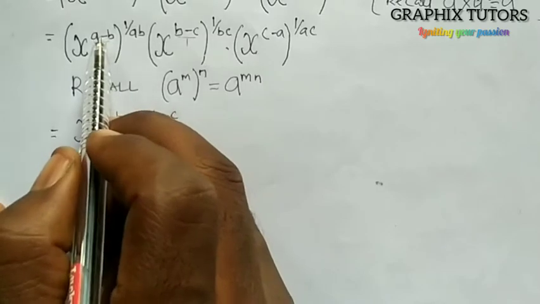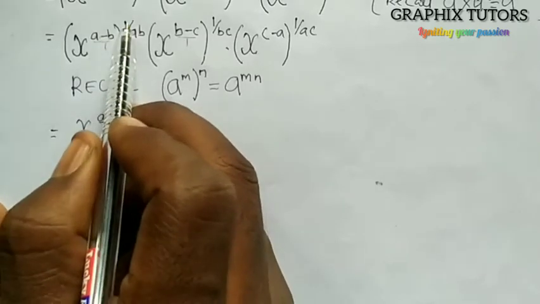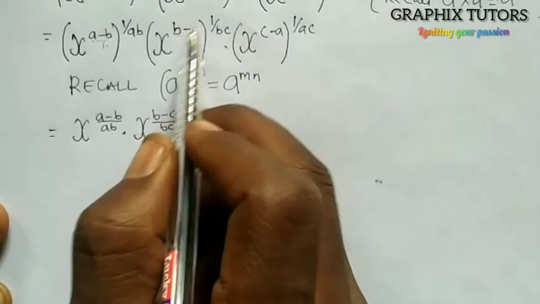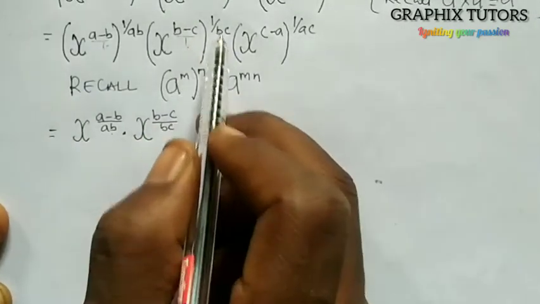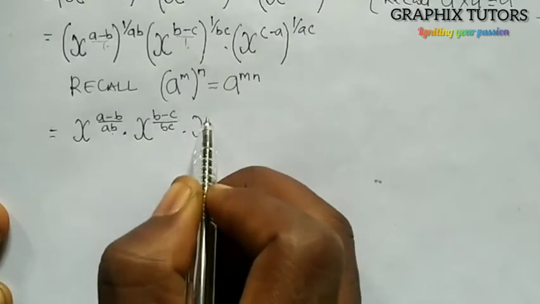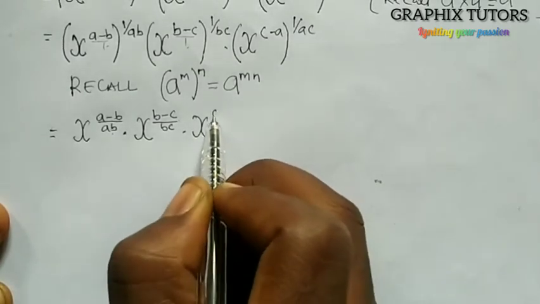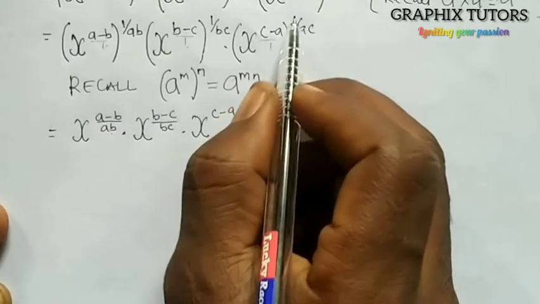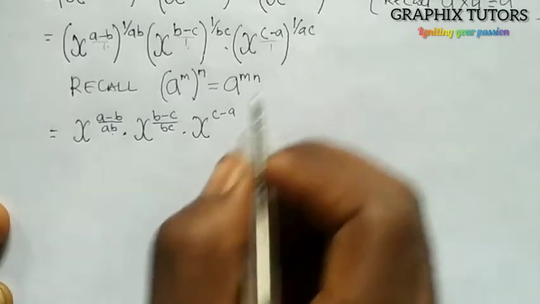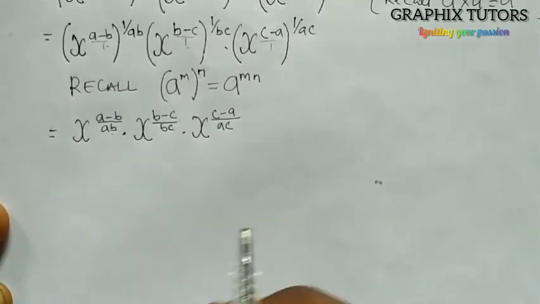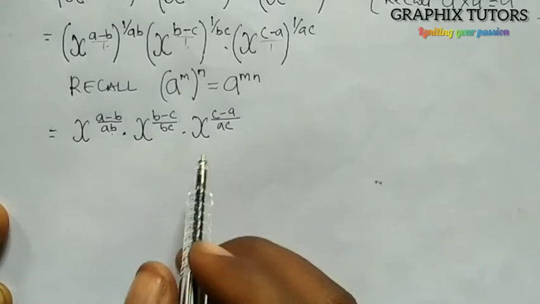So the numerator times numerator, a minus b times 1 will give you a minus b, 1 times ab will give you ab, b minus c times 1 will give you b minus c, 1 times bc will give you bc. So multiply by x to the power of c minus a, which is like saying c minus a over 1. So c minus a times 1, c minus a, 1 times ac will give you ac. Right?